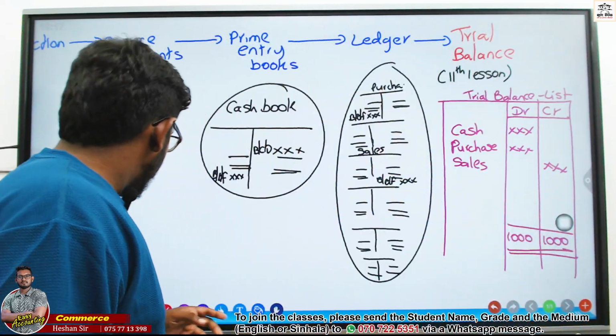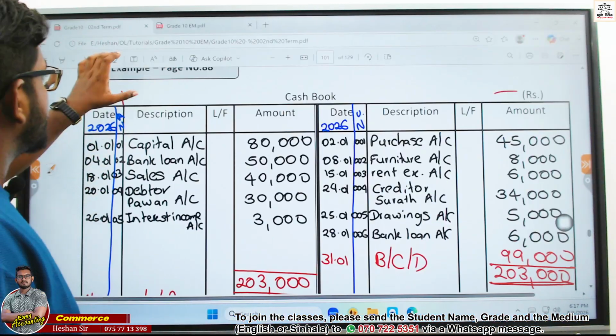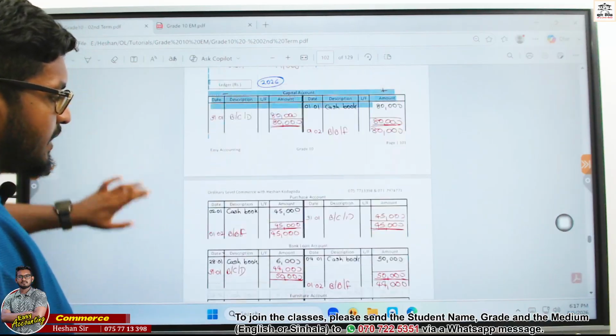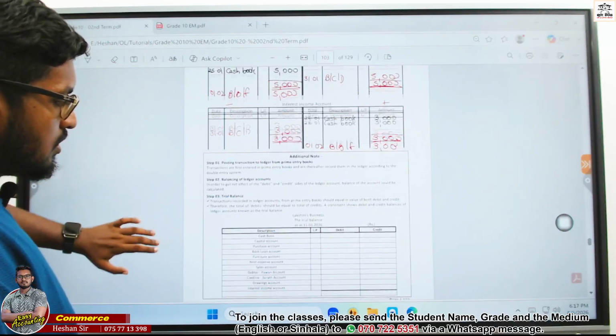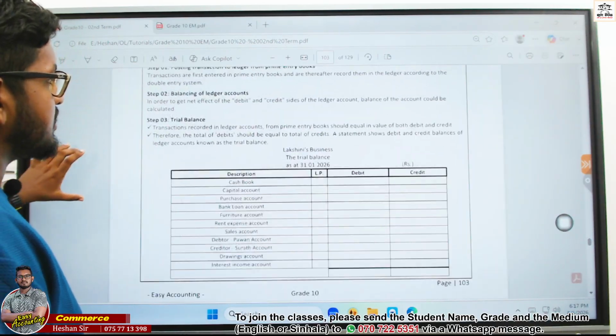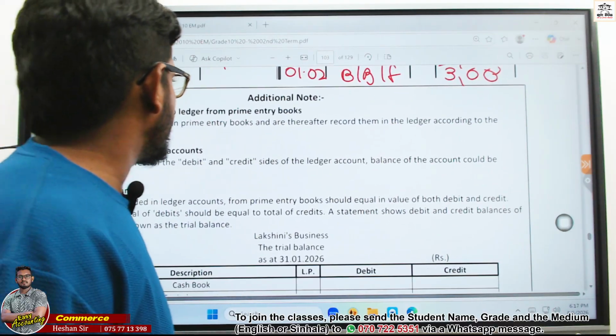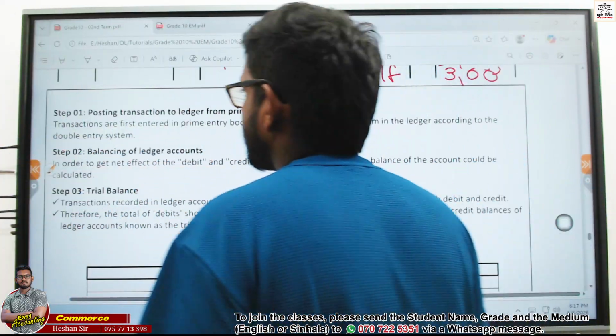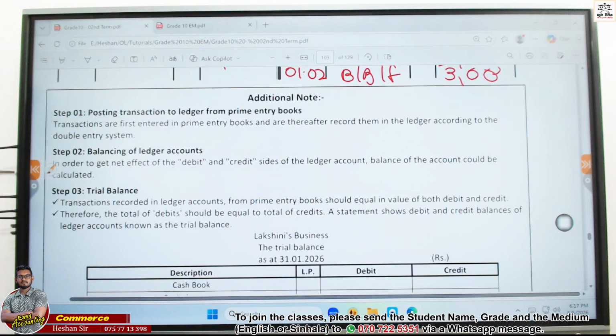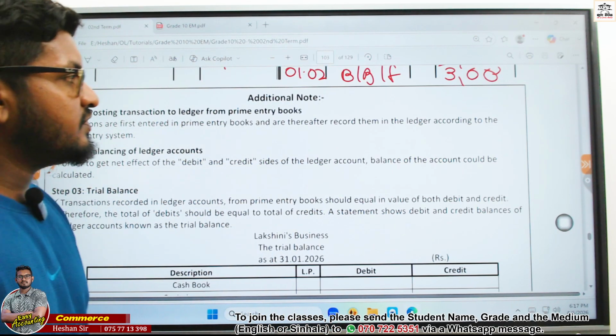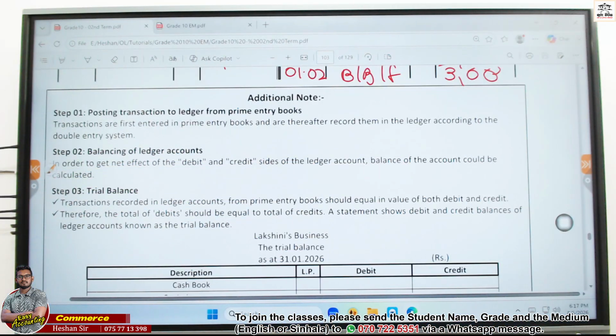Understand? Okay. Now come to your tutorial, page number 103, additional note. Posting transactions to the ledger from the primary books. Transactions are first entered in primary books and then recorded in the ledger accounts according to the double entry system.